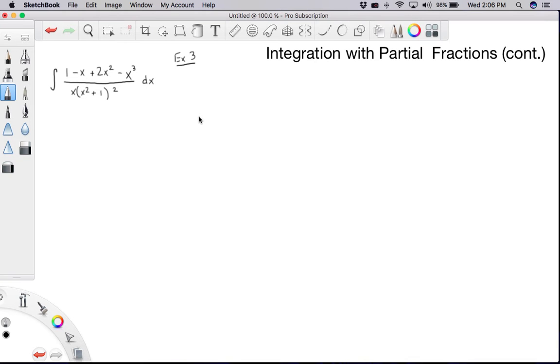So the first video I covered decomposition of partial fractions with linear factors. And by that I mean an x minus 2 or 3x plus 1 or 1 minus x. These are all linear factors because the power of x is exactly 1.